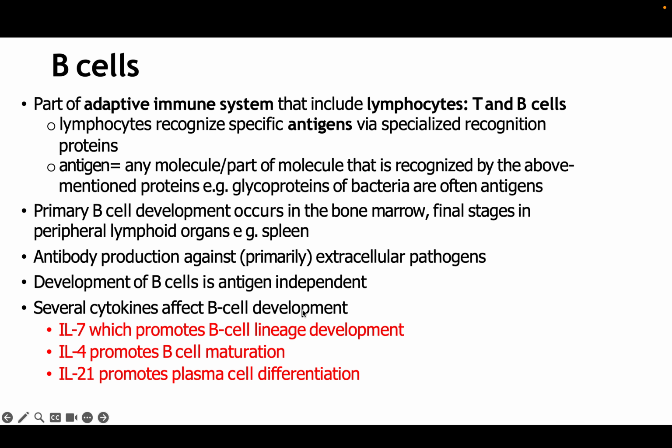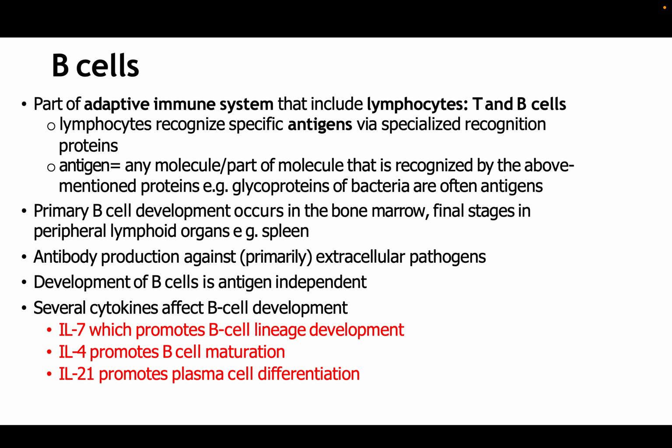Once they are mature and activated, their biggest role is to bind through their B cell receptor to specific antigens, get activated, and produce antibodies. They produce antibodies against extracellular pathogens because antibodies are not able to cross the cell membrane.